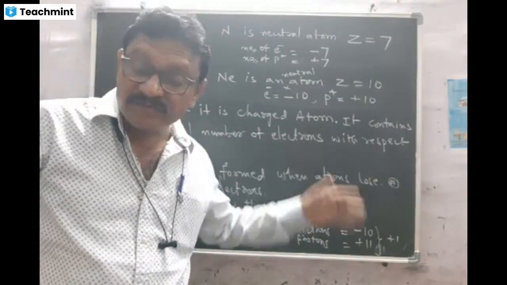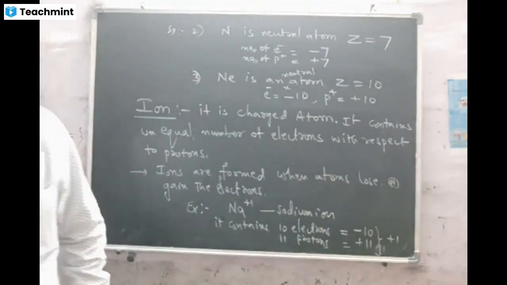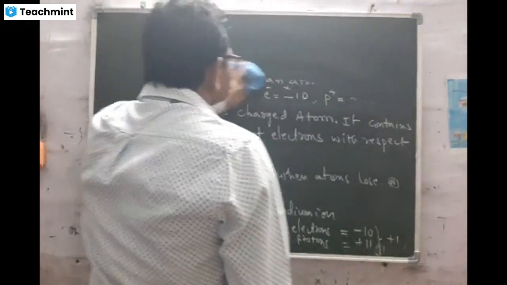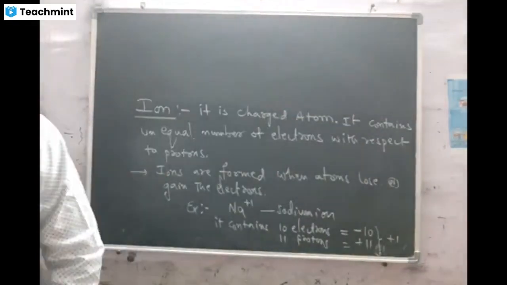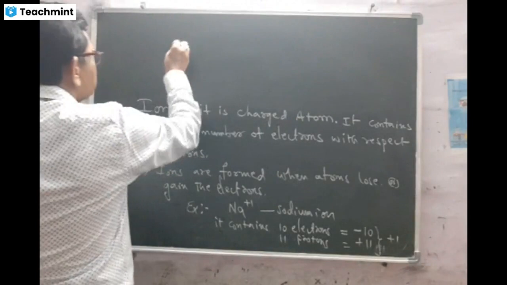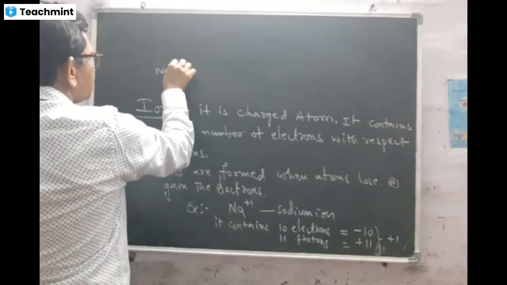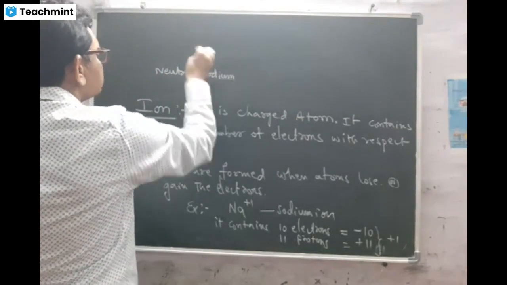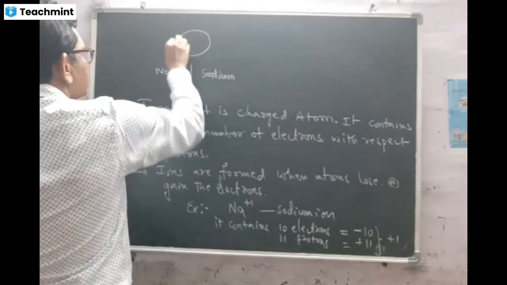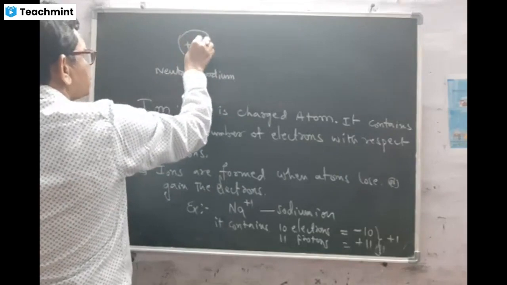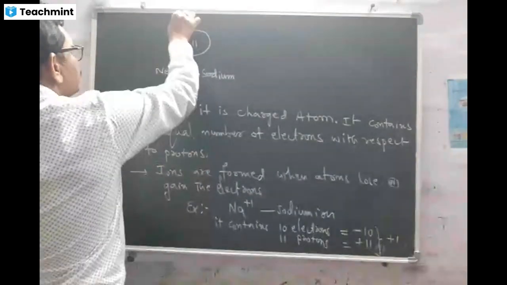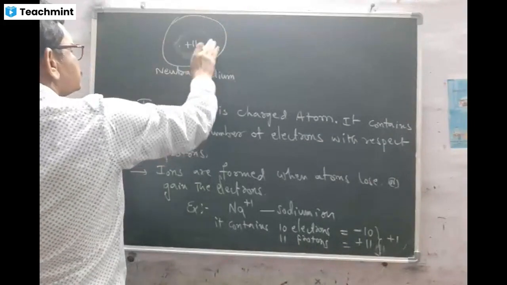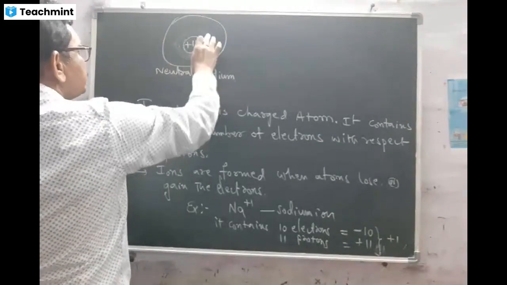I will explain. I can give you the atomic structure, you write it. See, in neutral sodium, as we just discussed, plus 11 protons are present in the nucleus.